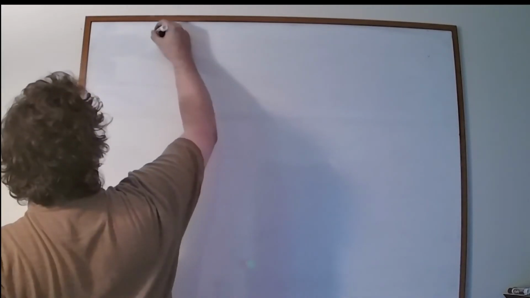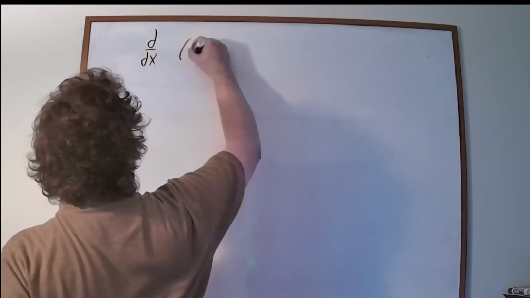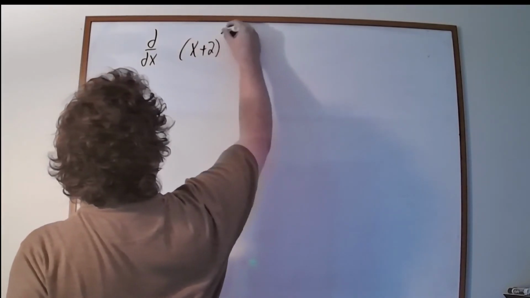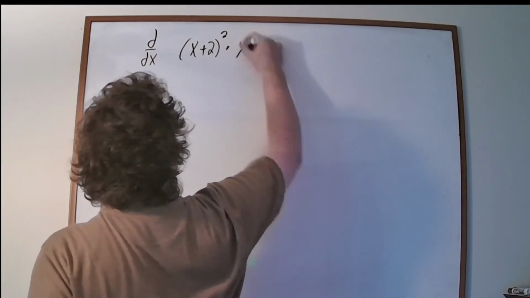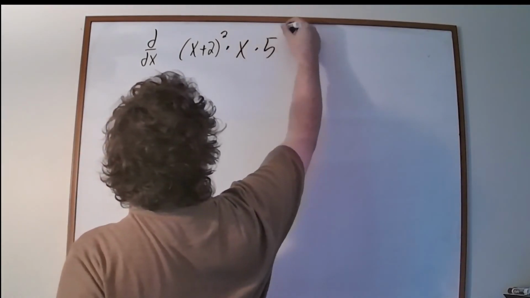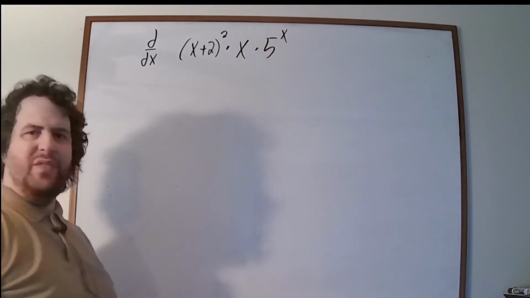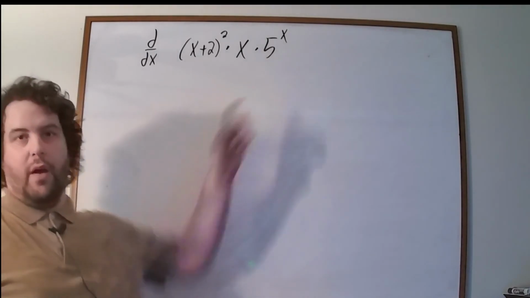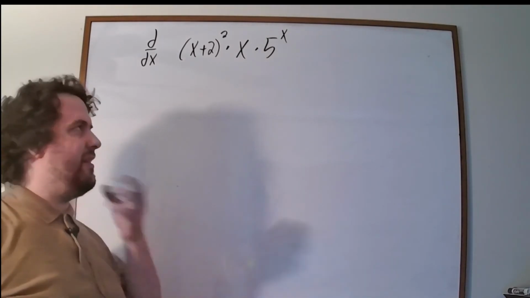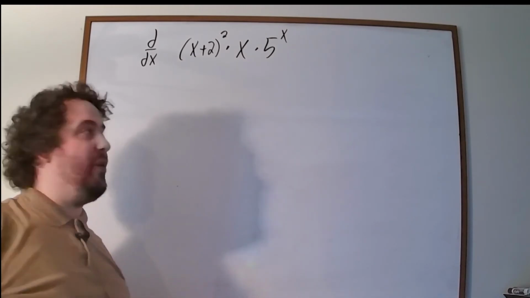Suppose instead we wanted to take the derivative with respect to x of, let's say, (x plus 2) squared times x times 5 to the x. So it's very rare for anybody to memorize the triple product rule. You have to think about it a little bit to remember how it works.